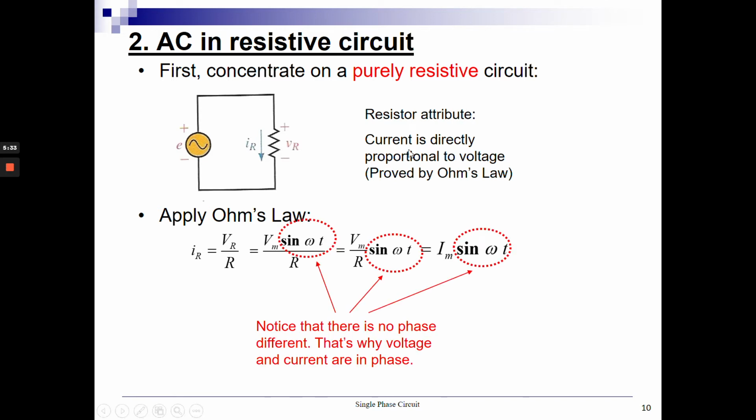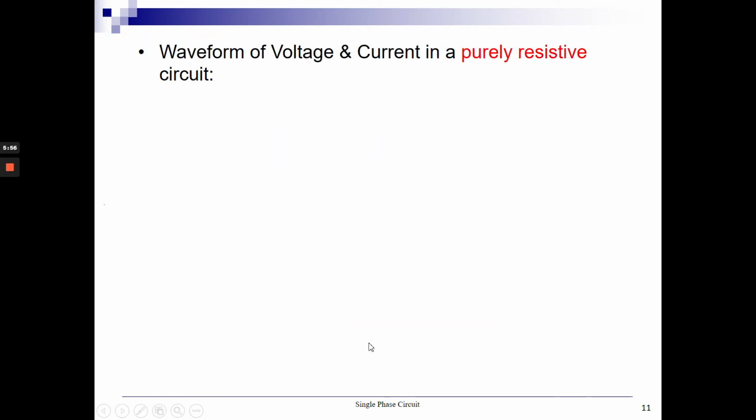This is the proof step showing how to get the expression i equal to Im sine omega t, where Im is the maximum current. Notice that there is no phase difference because voltage and current are in phase. This is the waveform of voltage and current for a purely resistive circuit, where voltage and current are in phase.